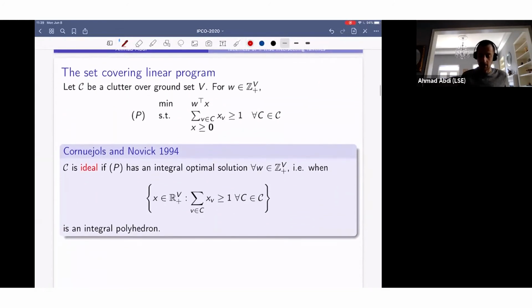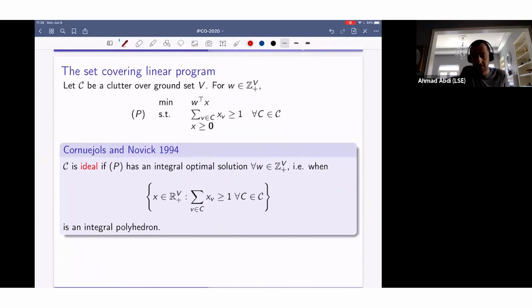In other words, by using basic polyhedral theory, the feasible region that defines this linear program is an integral polyhedron that has no fractional vertex.